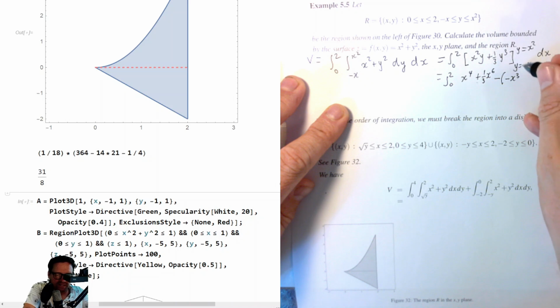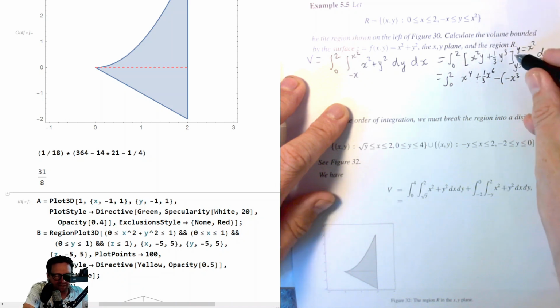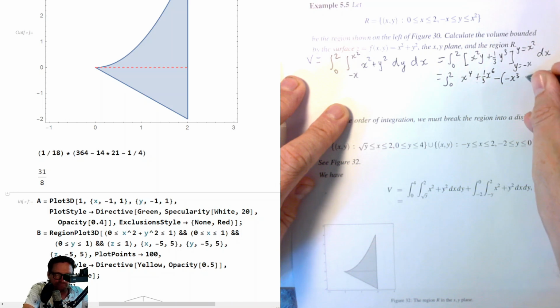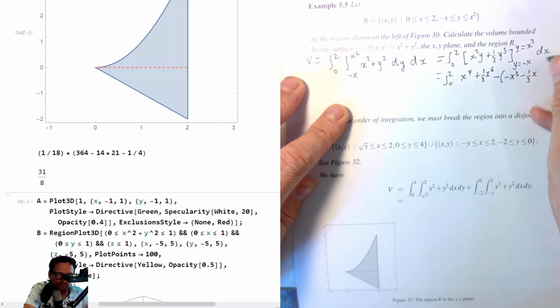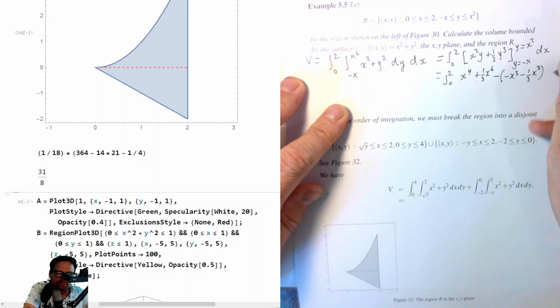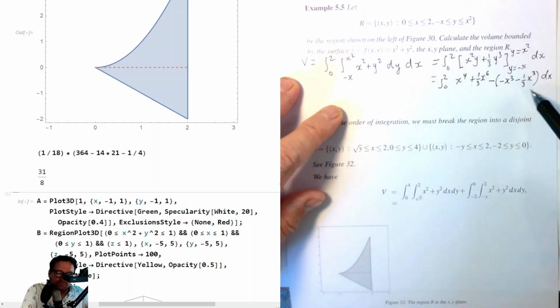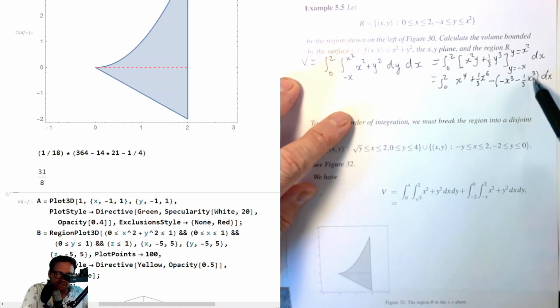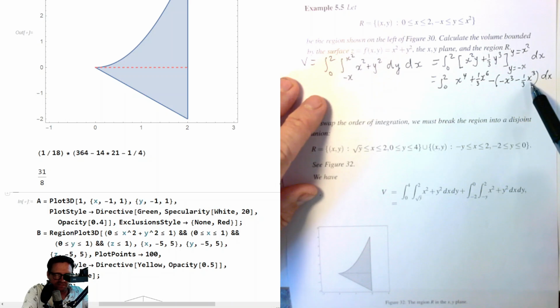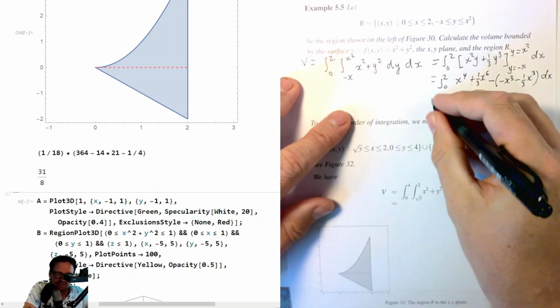And then again, replacing minus x in there, minus x cubed is minus x to the power of 3. All right, so if we add these two, that's minus 4/3 x cubed. Minus 4/3 x cubed is plus 4/3 x cubed.